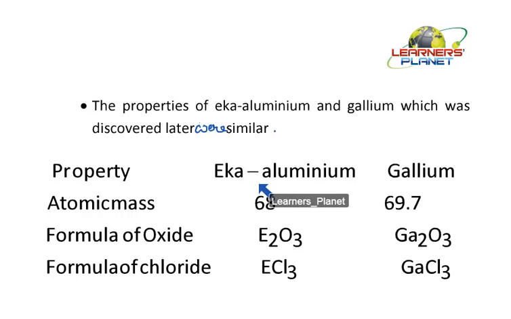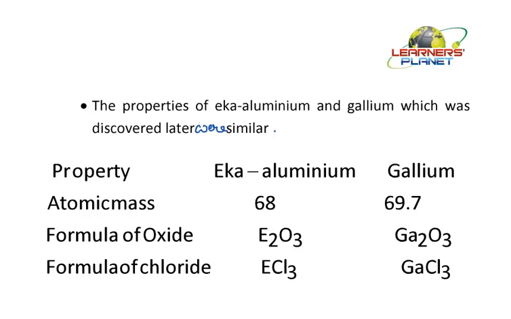Eka is a Sanskrit word. Eka aluminium was predicted to be 68 and gallium was found to be 69.7, so it was approximately similar. The formula of the oxide of Eka aluminium was E2O3 and that of gallium was Ga2O3. The chloride of Eka aluminium was ECl3 and that of gallium came out to be GaCl3.